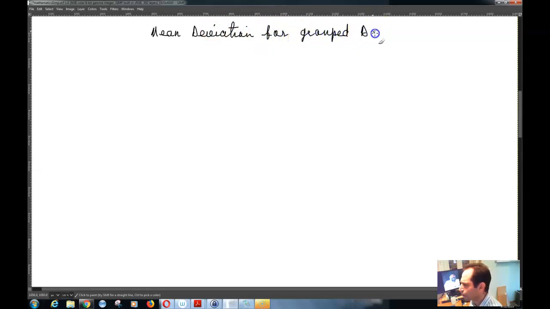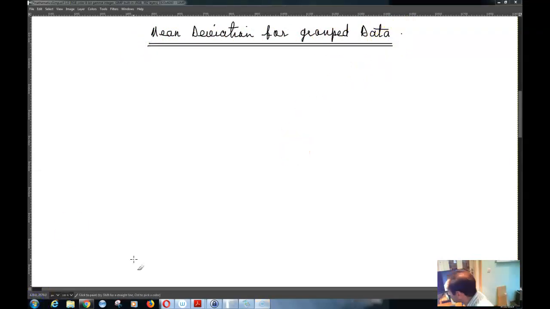So let's talk about that here as well. The mean deviation for grouped data: we know that data can be grouped in two ways.